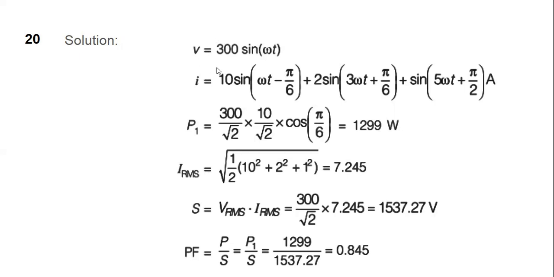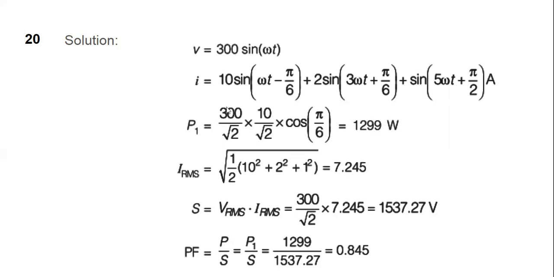It is given that v(t) is 300 sin ωt. So the RMS value of this component will be 300 by root 2. For the fundamental current, the peak value is given as 10 ampere, and that divided by root 2 will be the RMS value. The angle between the voltage and the fundamental component of the current is π/6, so we need to take cos of π/6.